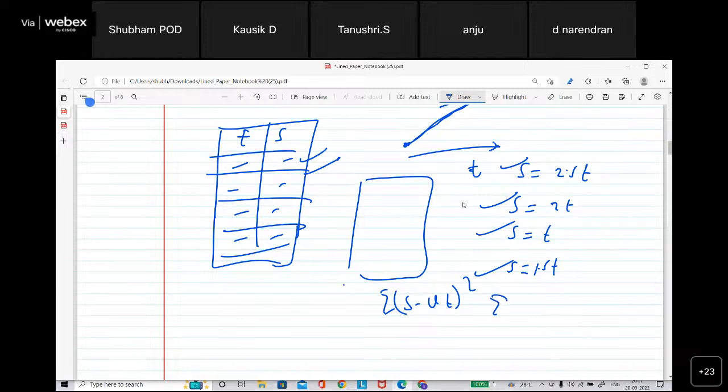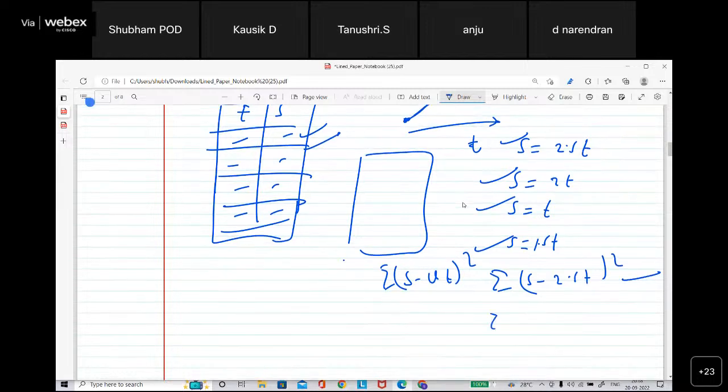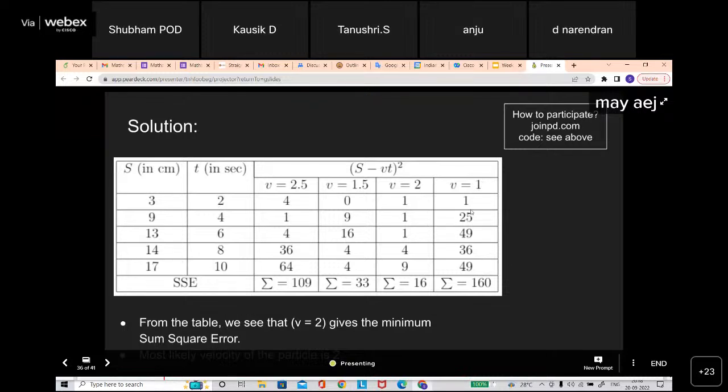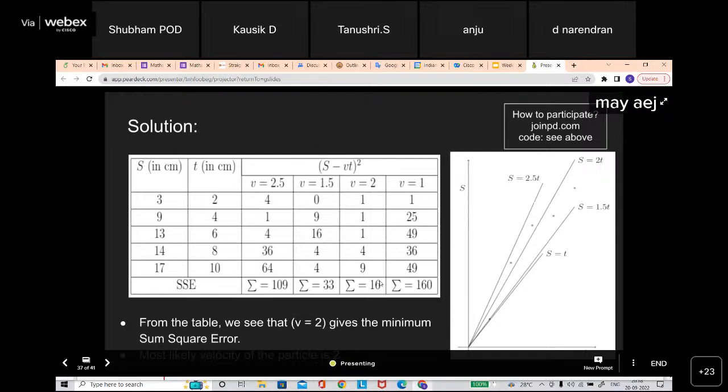So you calculate the sum of S minus 2.5t, S minus 2t whole squared, S minus t whole squared, and S minus 1.5t whole squared, with respect to this data. Four things you will calculate. When you take the sums, they come to 109, 33, 16, and 160. The minimum is 16, so v equal to 2 gives the minimum sum of squared errors.